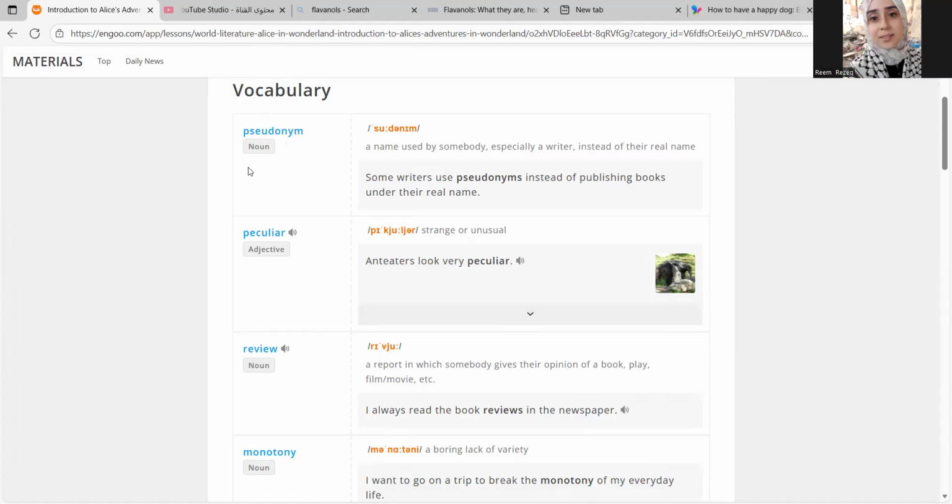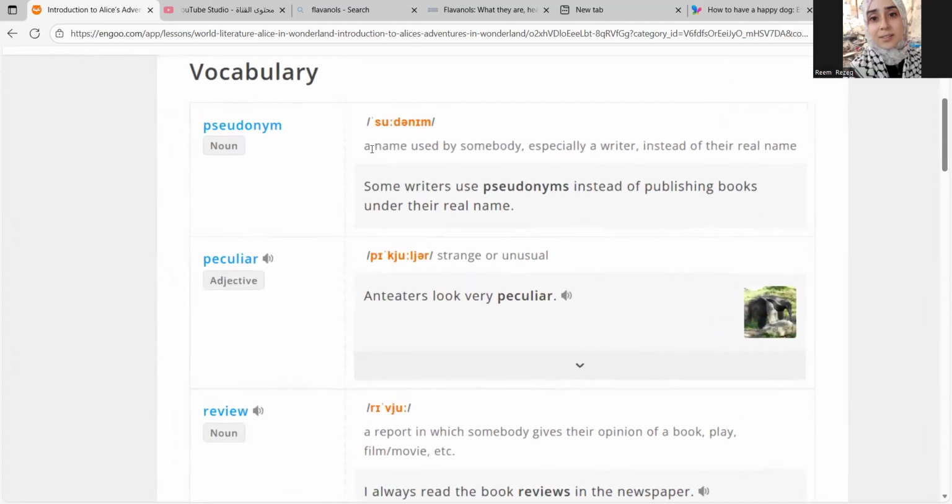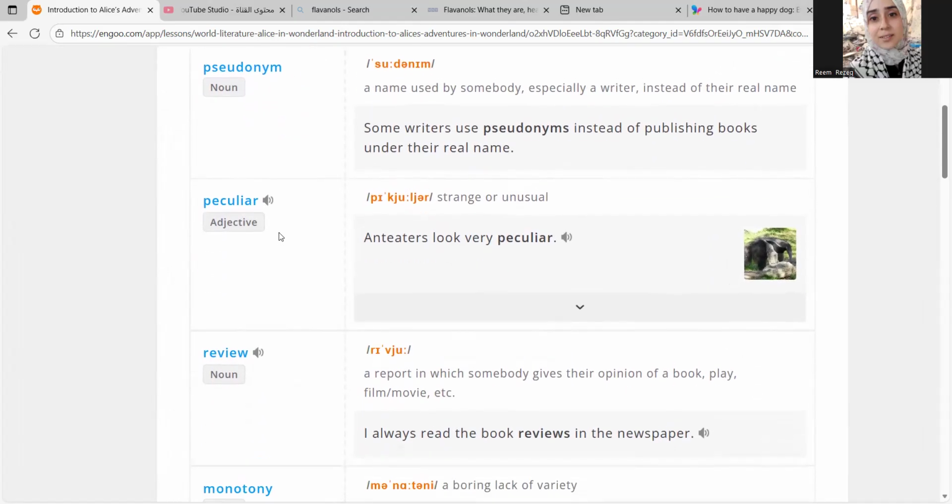Here we focus on S, not PS. P is silent. So, pseudonym. Pseudonym means a name used by somebody, especially a writer, instead of their real name. Okay, so let's start with this one.